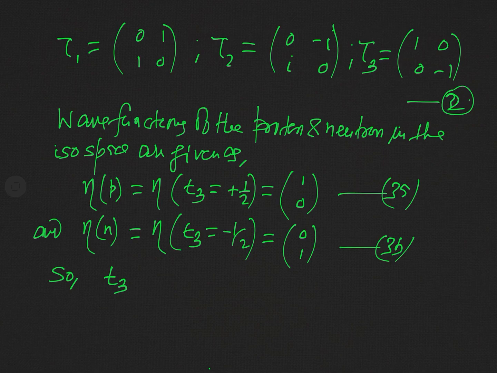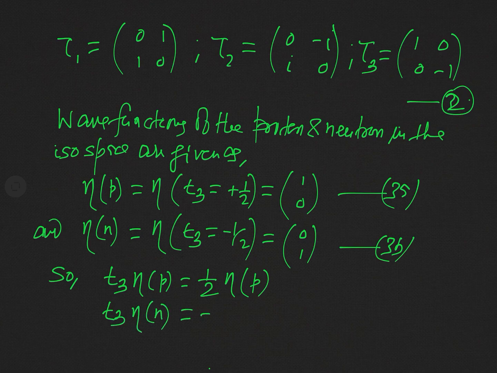So we can write the eigenvalue equation T3 eta p is equal to 1 by 2 eta p, and T3 eta n will be equal to minus half eta n.